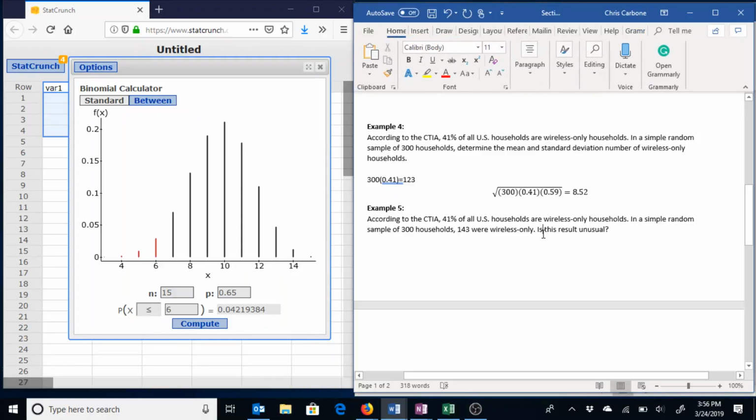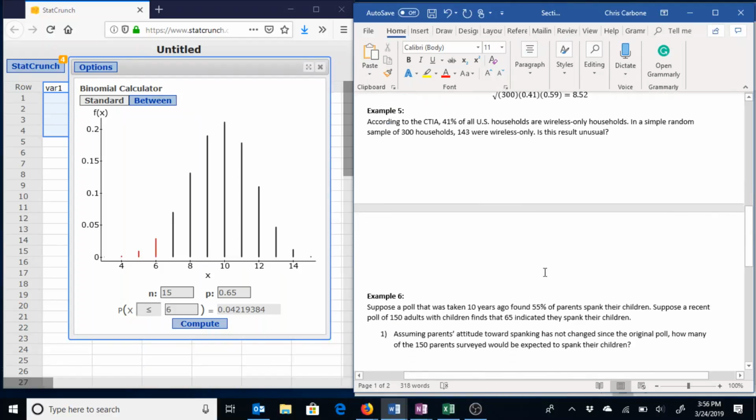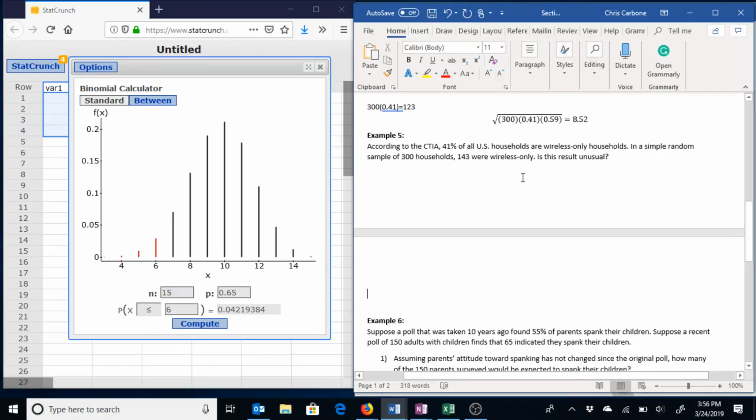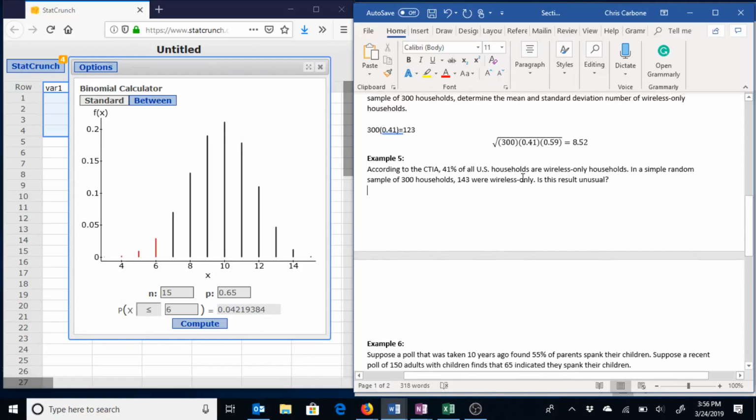The question about, is that result unusual from that 300 households, 143 were wireless only? That was that one using the empirical rule. So in this case, they wanted you to check using the empirical rule if 143 is unusual. It would have to be greater, since 143 is greater than 123.